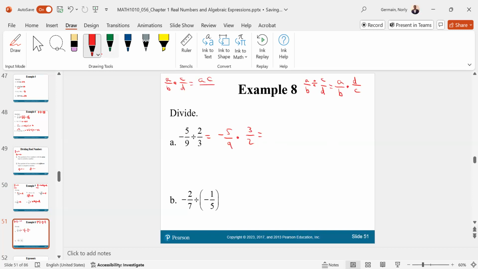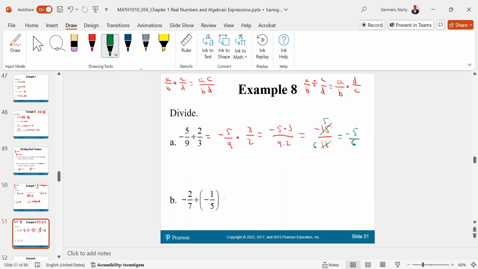We multiply the top and multiply the bottom. So we're going to have -5 times 3 over 9 times 2. So we have -15/18. In this case, do you have any common factor between 15 and 18? Yes, 3. When you divide this one by 3, you get 5. When you divide this one by 3, you get 6. So that would be -5/6.